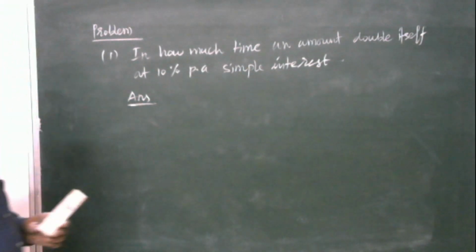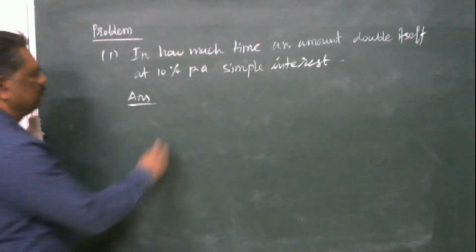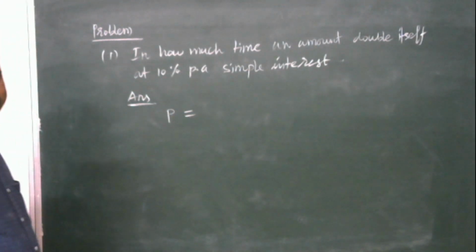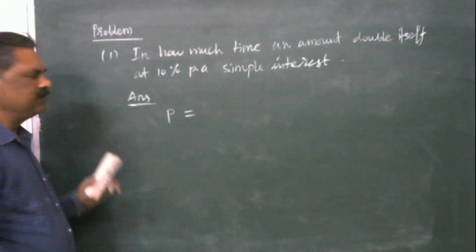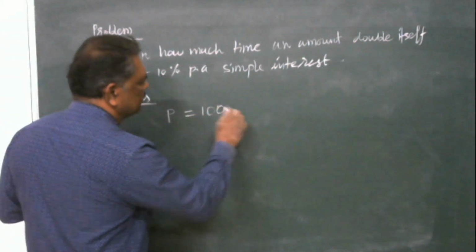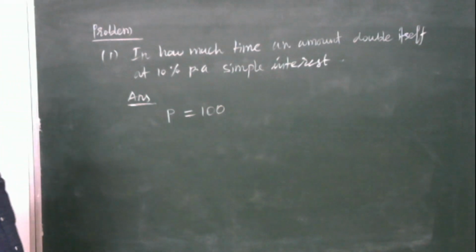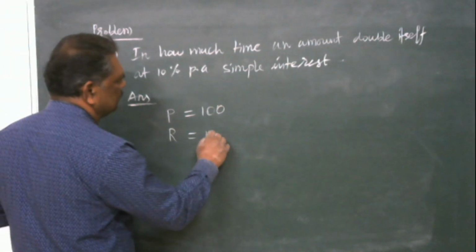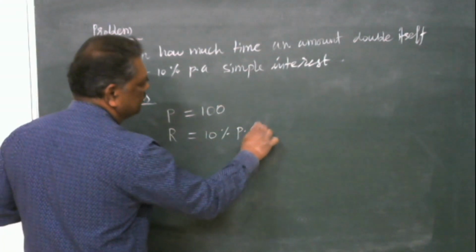How do you solve this? First of all, you need to know the principal. Principal is not given here. You can take P as it is, or if you want, you can take P as 100 rupees. Then rate is given, 10% per annum.